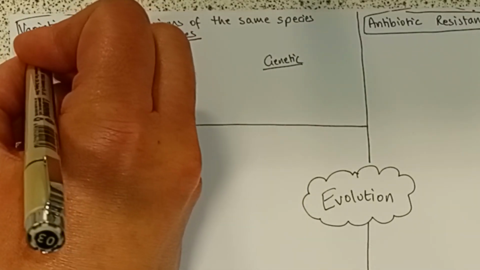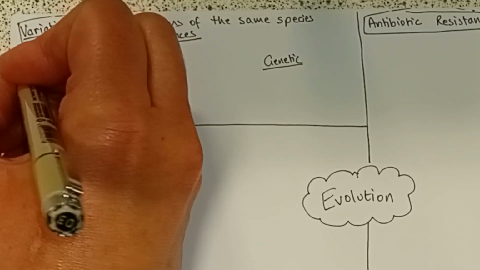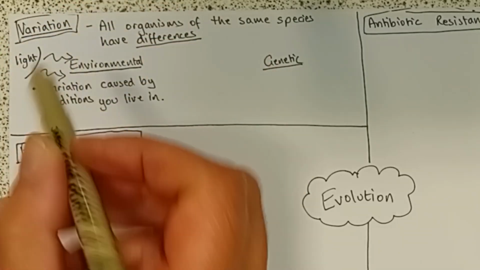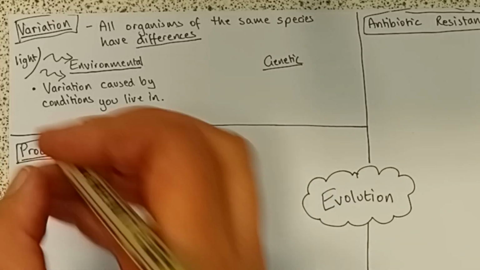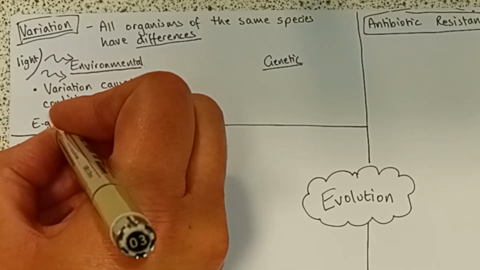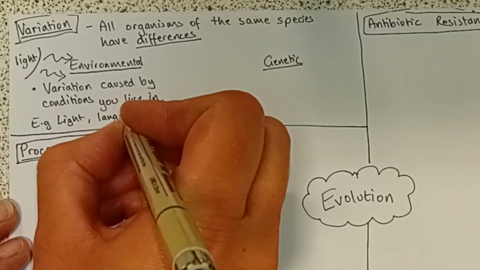So in plants, their growth is going to be affected by the amount of light. That would be an environmental variation. In humans, if you're brought up in one country speaking one language, the chances are you're going to speak the language that you've been taught. So language is environmental. So for example, light and language in humans.